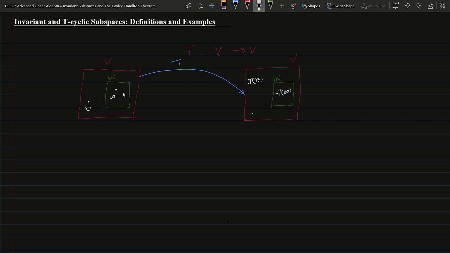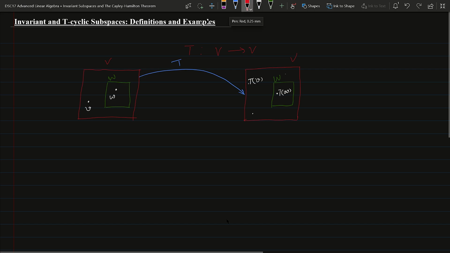So in simple sense, if V has a subspace W in which the T image of every element lies inside W itself, then this subspace W is known as a T invariant subspace. Okay, so this is the scenario behind the definition of T invariant subspace.